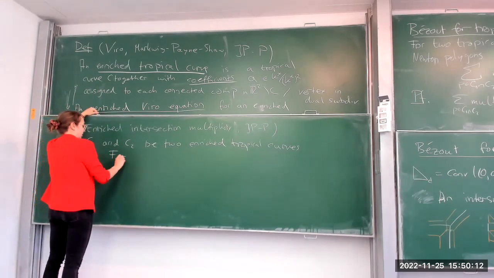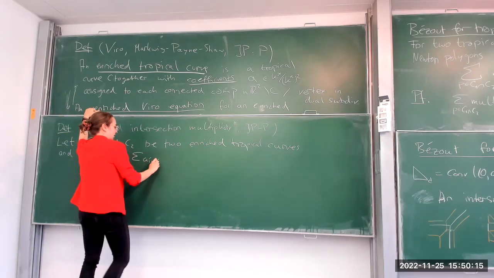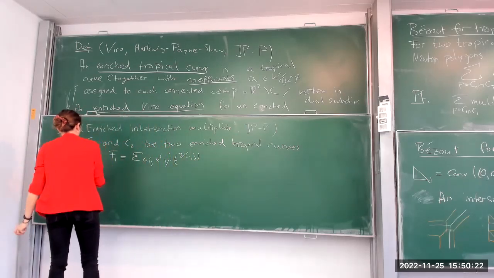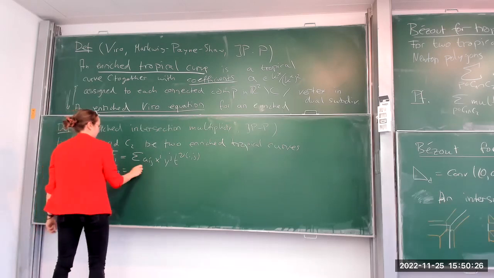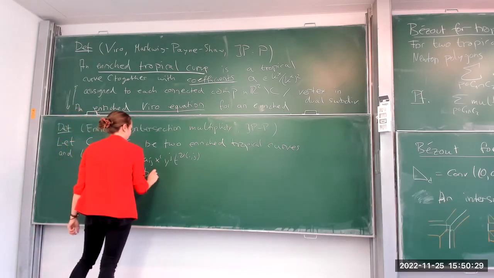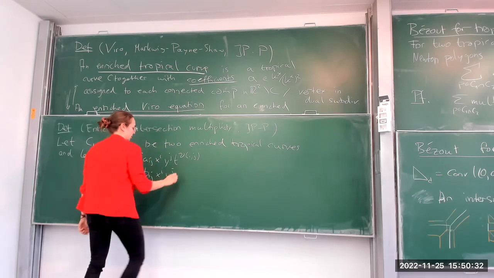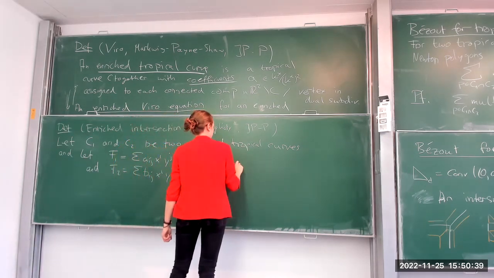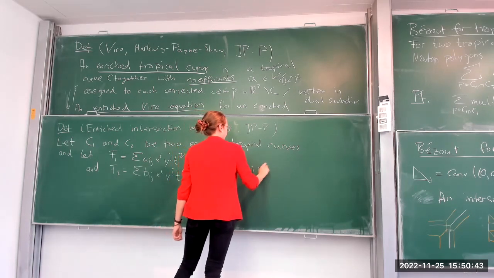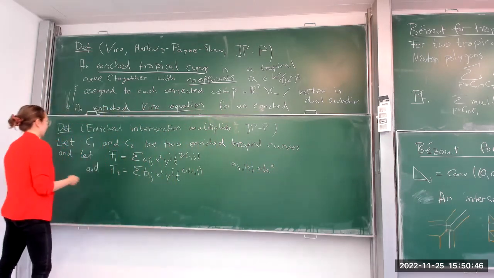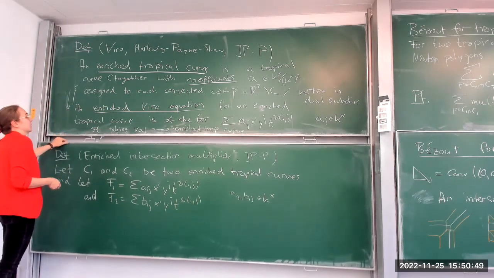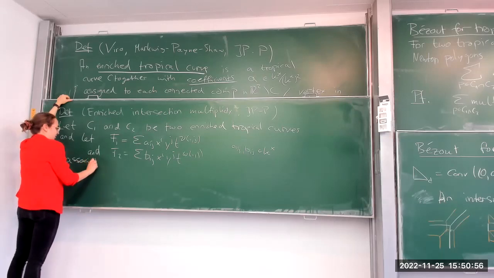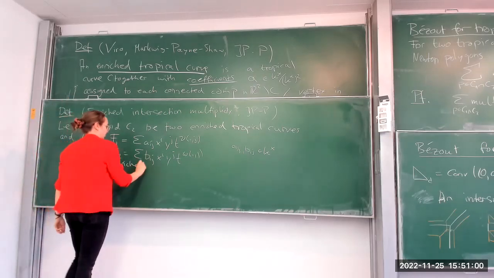So that F1 we can write as a_ij x to the i, y to the j, t to the beta_ij, and F2 as b_ij x to the i, y to the j, t to the, let's say, alpha_ij, where these a_ij, b_ij are units of basically K, the associated enriched Puiseux equation.